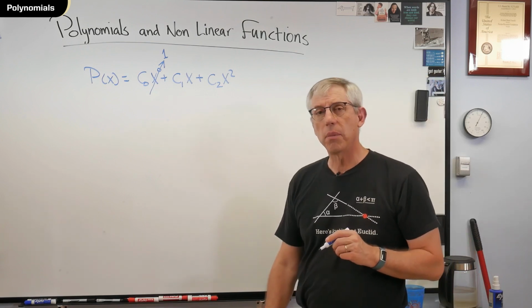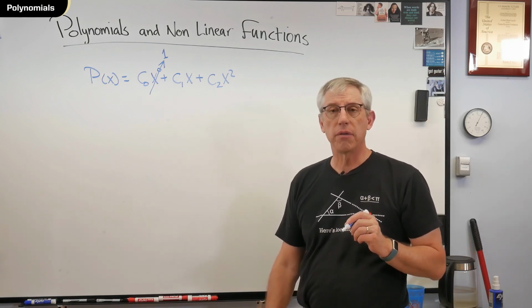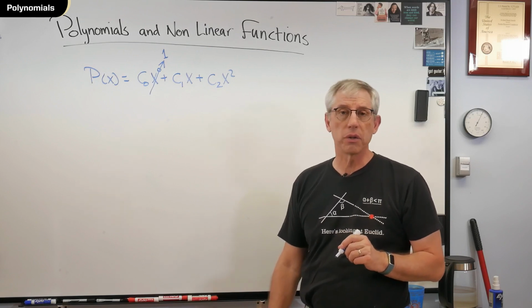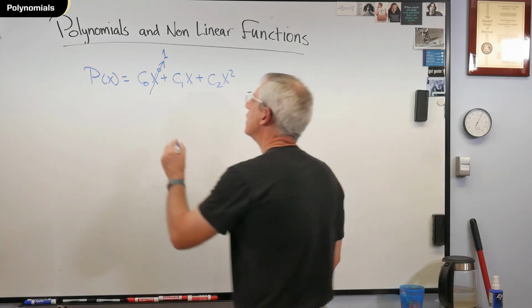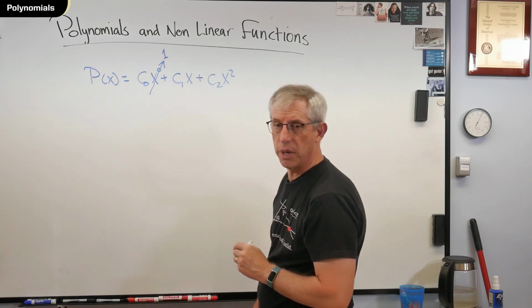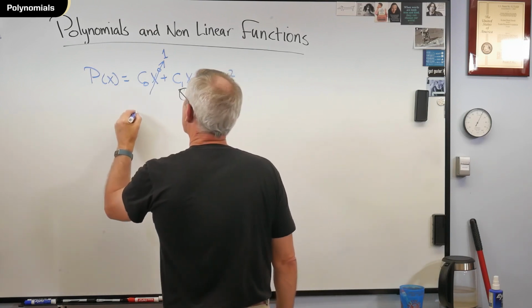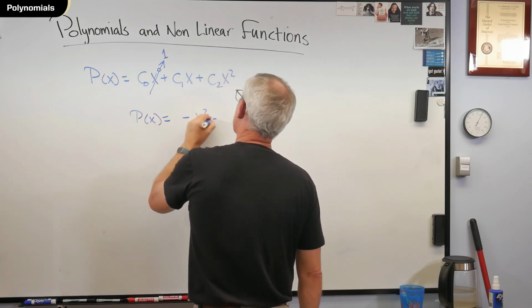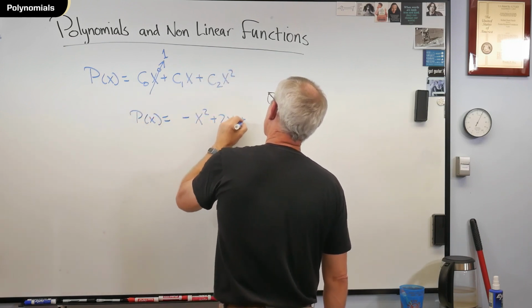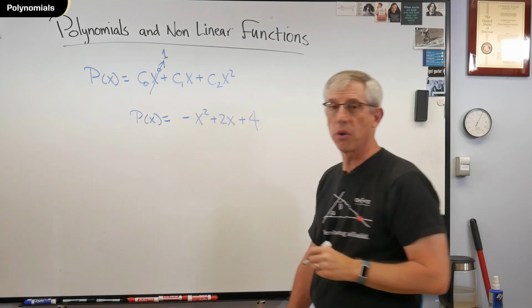Last thing you need to know about polynomials is that they have a very specific property in their solutions. Well, wait a minute, what's a solution? Let's try this. If I wrote out, minus x squared, okay, that's a second order polynomial.